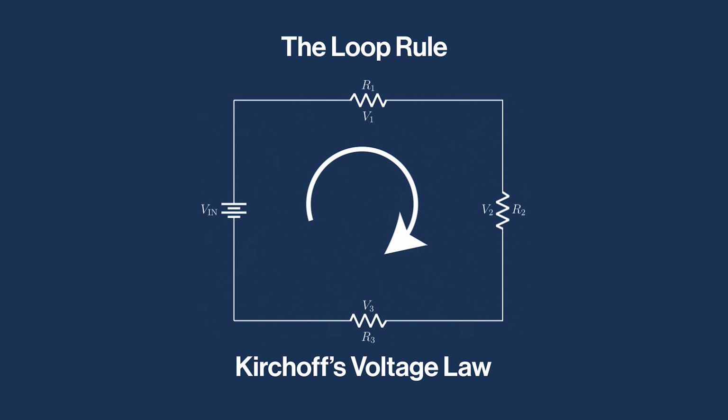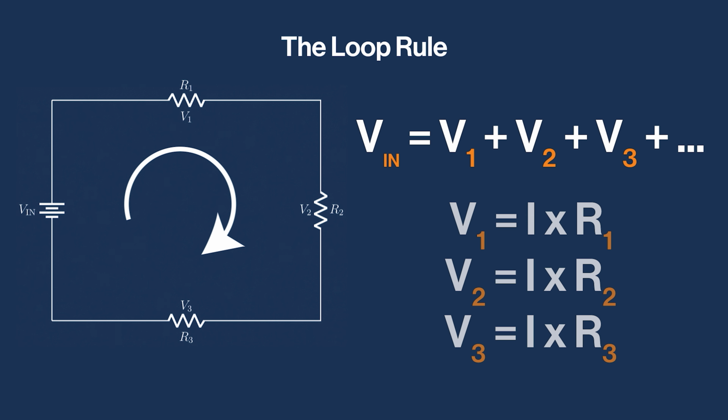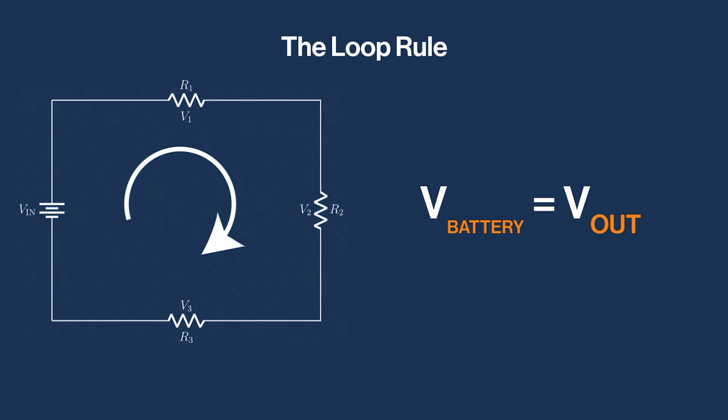In other words, the battery pushes energy in and the components use it all up, giving us the equation Vin equals V1 plus V2 plus V3 and so on, with the voltage drops across each resistor given by Ohm's law. So, if the battery gives 6 volts, the resistors and other components must eat up that 6 volts altogether. No more, no less. This balance is the key to solving circuit problems. Voltage in equals voltage out.